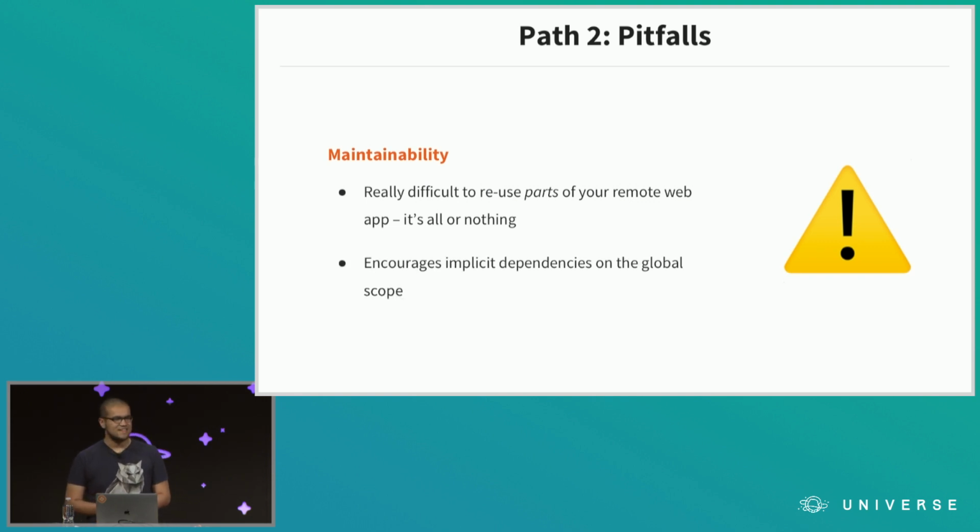Another problem is that it encourages implicit dependencies on the global scope. This can be bad depending on what your web app is doing with the global scope. So remember that we are injecting our Interop API as a global on the window object. And this can be mutated.